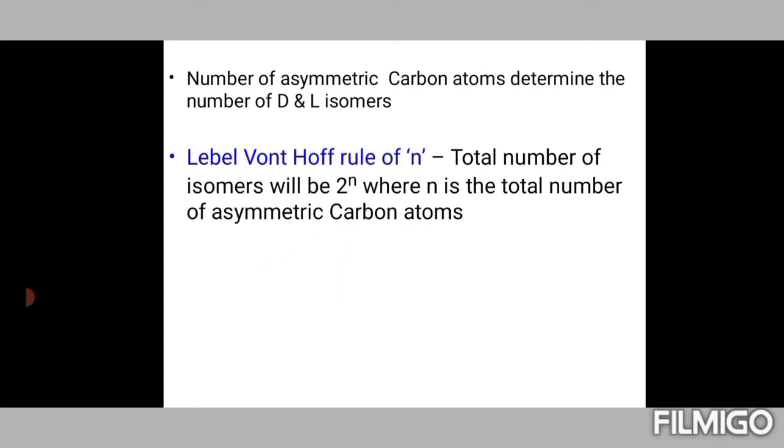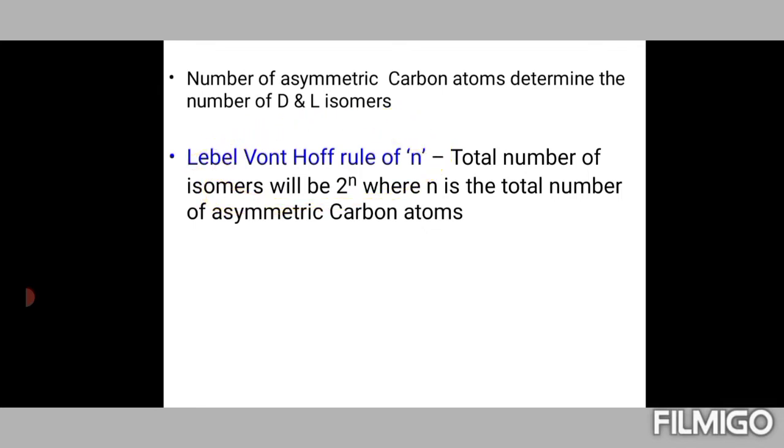Now, consider when you compare glyceraldehyde and glucose. Glyceraldehyde has just one chiral center, whereas glucose has four chiral centers. So what is the criterion for the number of isomers possible for a compound? Here, the Le Bel-van 't Hoff rule of n is applicable.